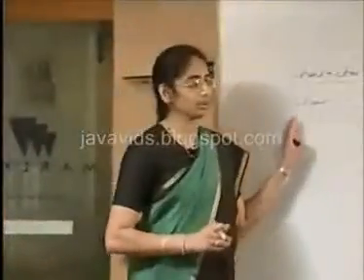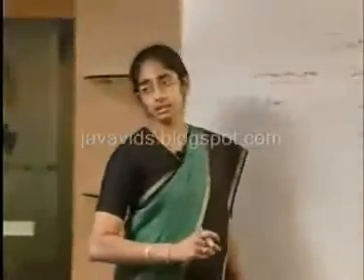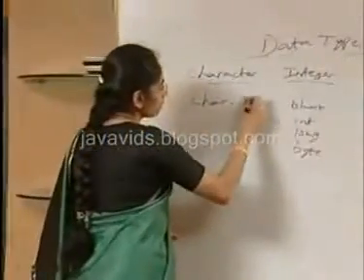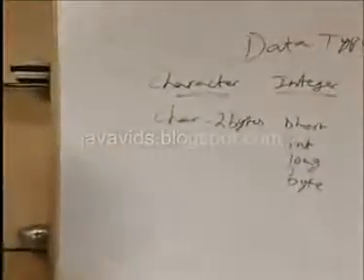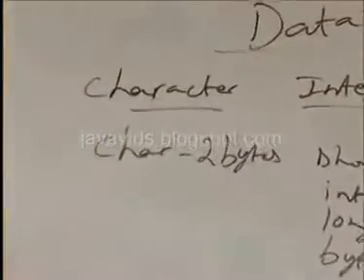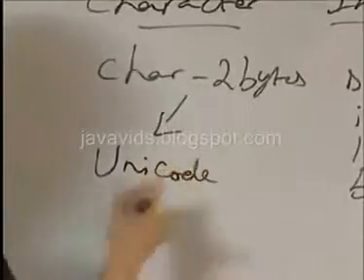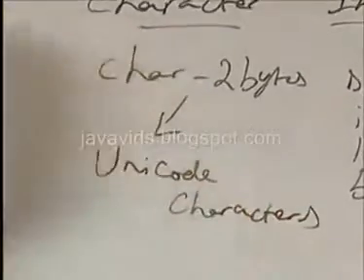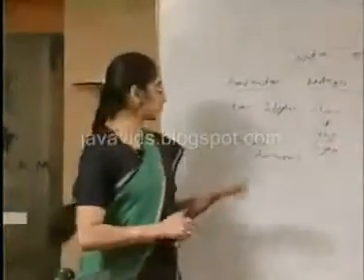Now, according to the JVM specification, all the data type sizes are standard. It does not change across platform. So, for char, it is 2 bytes. In C, it was 1, but here it is 2 bytes because of the support for Unicode characters, that is, support to all different language characters.